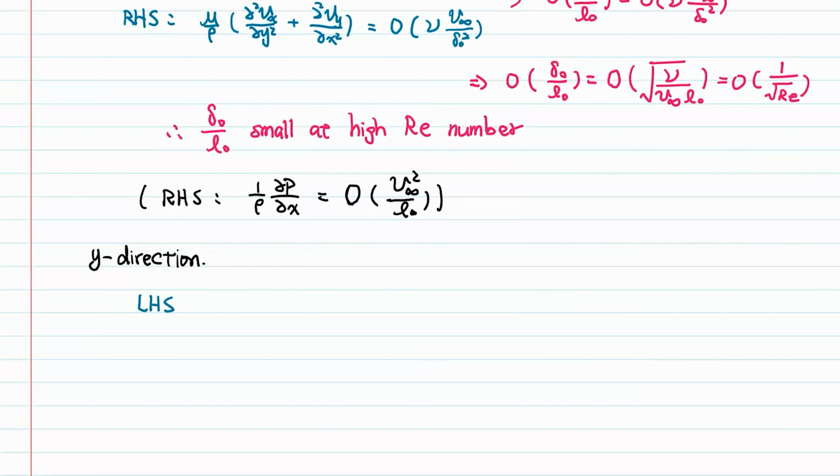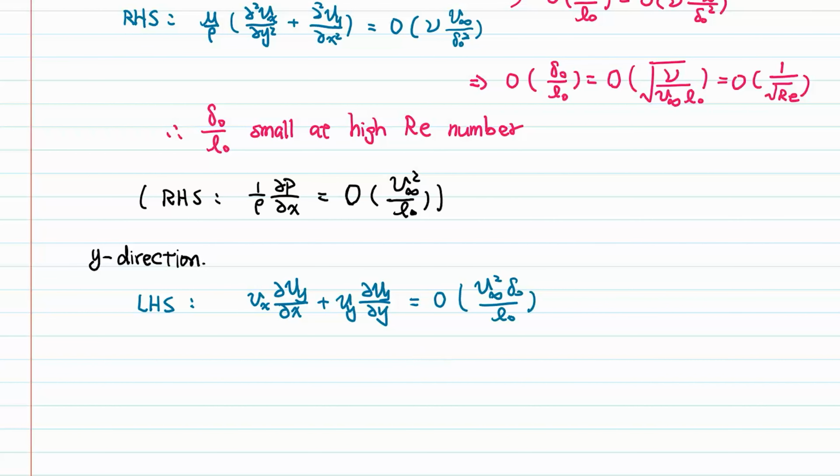We have Vx partial Vy partial x plus Vy partial Vy partial y, which is on the order of V infinite squared times delta naught over L naught.